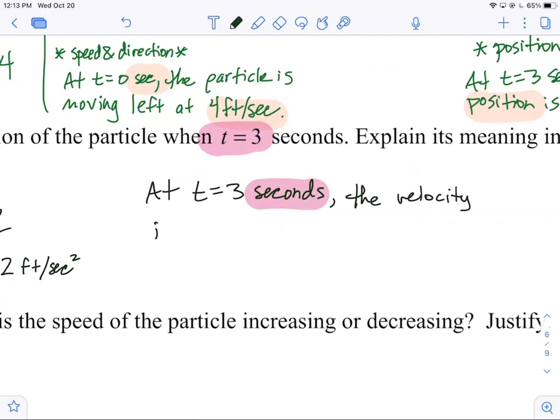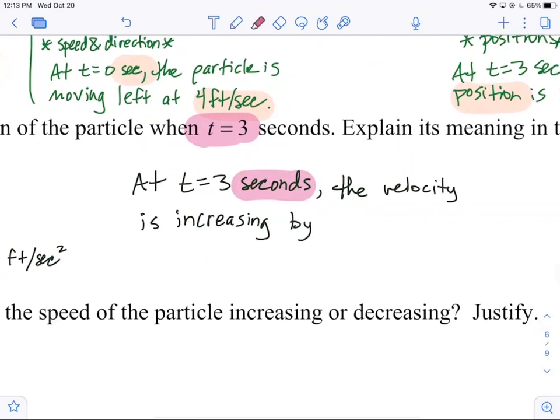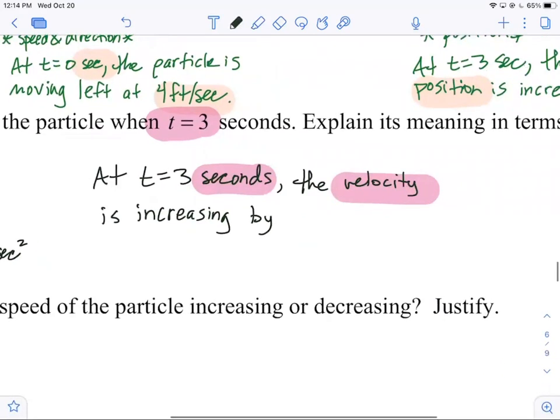Just say the velocity is increasing now. Increasing by, and then here's the deal. We need to answer it in units of velocity every second, or per second. So by 2, very good, by 2 feet per second, those are velocity units. And then you could say per second if you want.